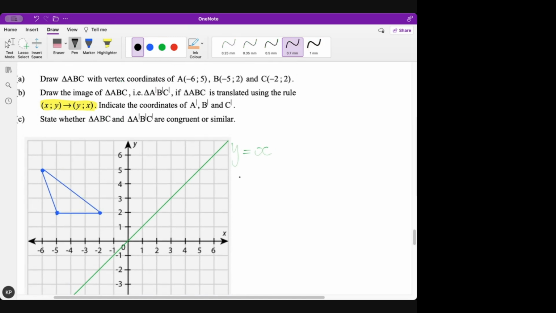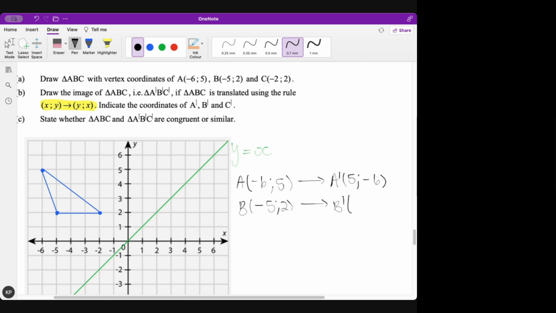Okay. So point A, we're starting off at negative 6, 5. What is A prime? A prime is 5 and negative 6. Point B, we're starting off at negative 5 and 2. Where is B prime going to be located?